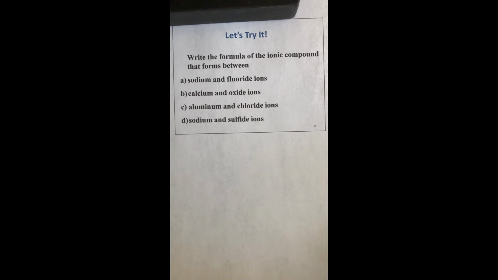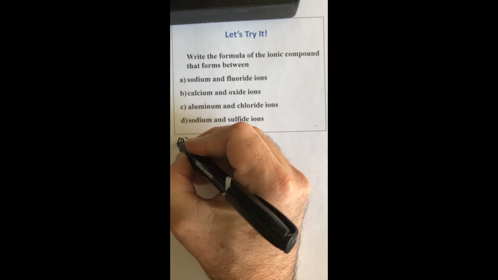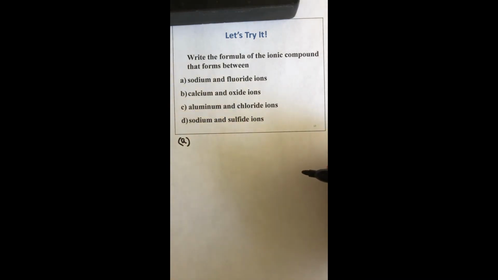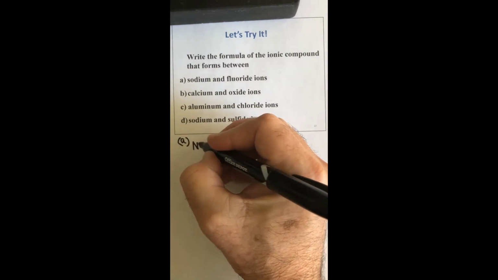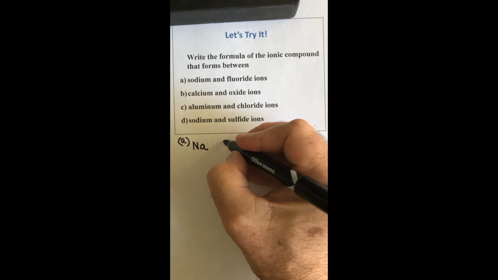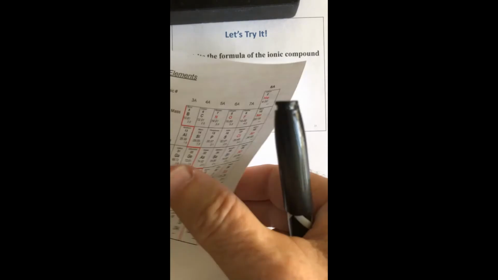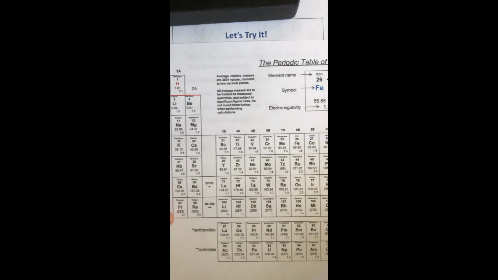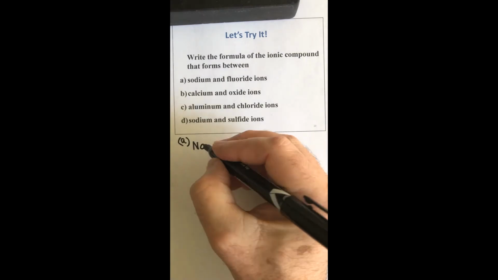Okay, we are going to work the formulas of these ionic compounds here on paper. So let's start out with A, sodium and fluoride ions. The first thing to do is to find out what kinds of ions these two are going to form. Let's write down the symbol for sodium, and let's write down the symbol for fluorine. Now the sodium ion, of course, we look at the periodic table and we see that sodium is in group 1A, which means that it's going to form a +1 ion.